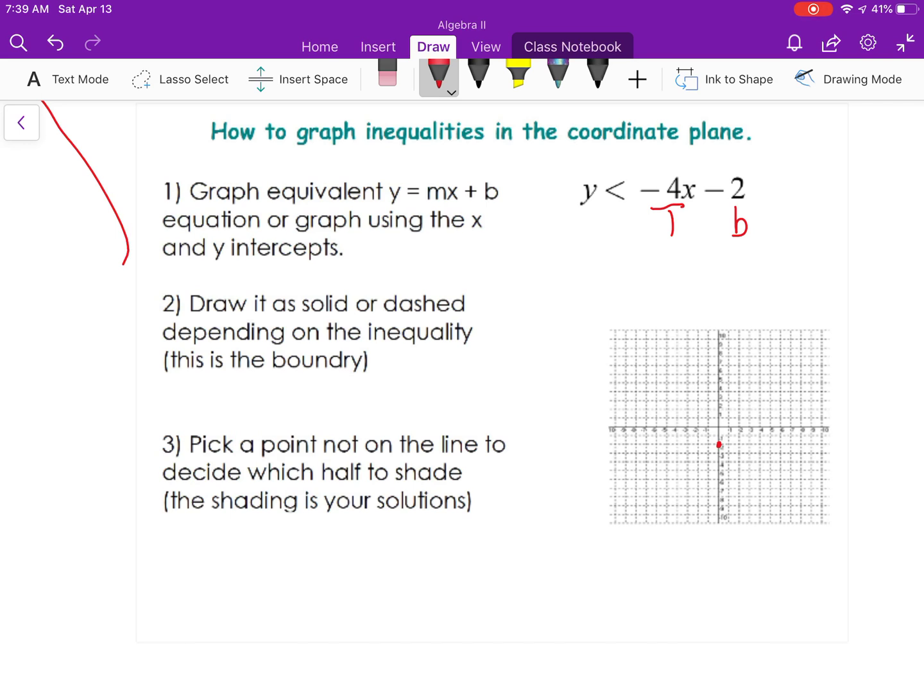So that should be at like (1, -6). Or I'm going to go up 1, 2, 3, 4 and over to the right one. All I'm doing is using a slope of rise over run, or in this case, rise would be down because it's negative, over run to the right one because of positive 1.